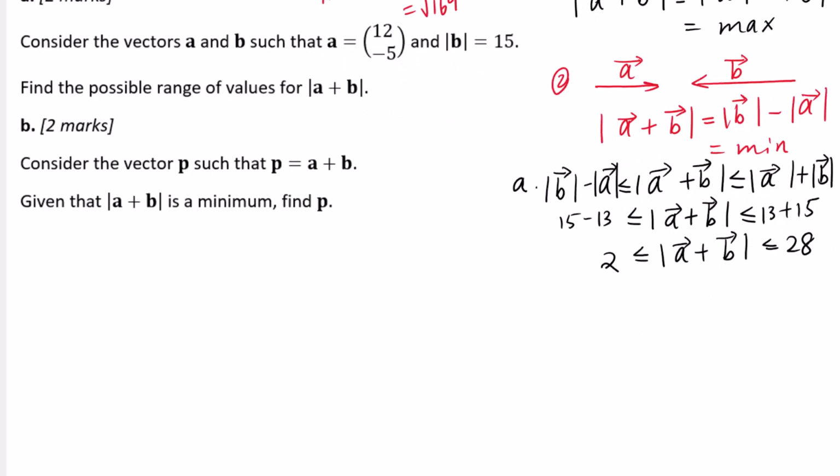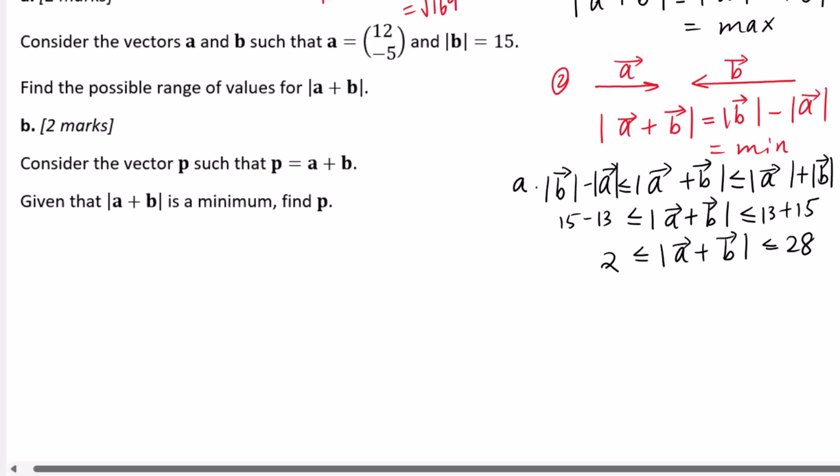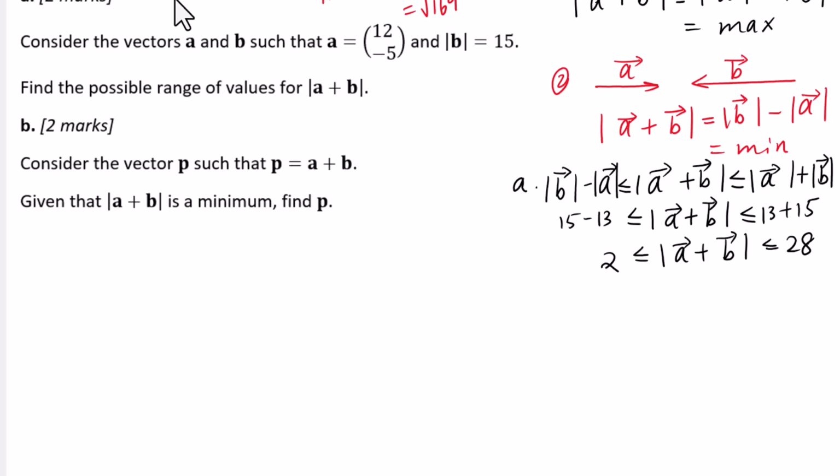Let's go to B. Consider the vector P such that vector P equals vector A plus vector B. Given that absolute value of vector A plus vector B is a minimum, find P. Based on this information, we know vector A and vector B have the opposite direction.